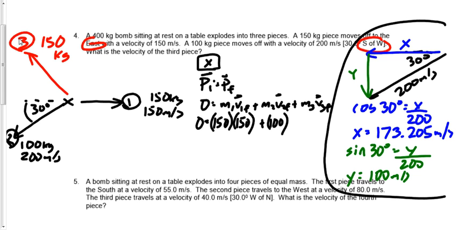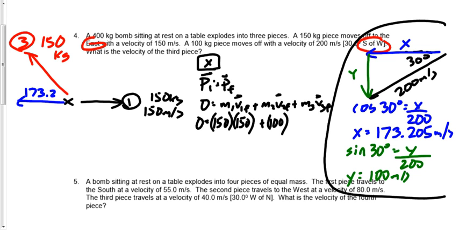If we want to, we can erase this and replace it with 173.205 and 100. Right, and then I don't really have to ever worry about making a mistake in using the 200 meters per second again, right? Because it's literally gone from the question now.